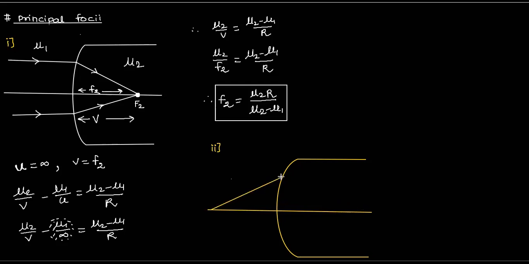Now assume that these rays are coming from this point. Then after this, how are they going? Parallel. They are going parallel.